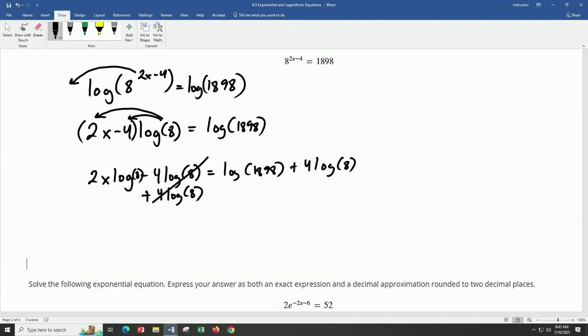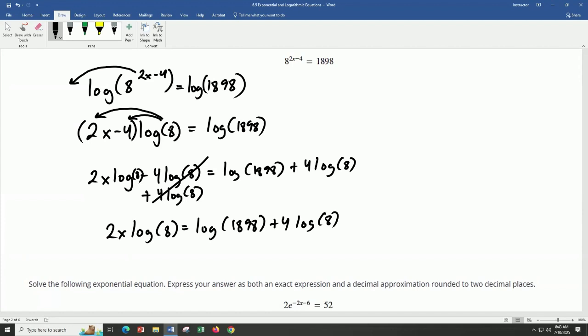Don't they cancel out on that side? Reduce out, we'll say it that way. Rewriting here, I get 2x log 8 is equal to log 1898 plus 4 log 8.